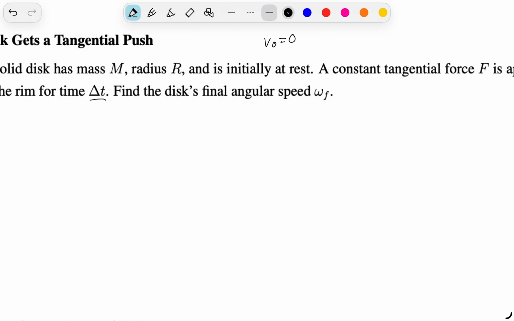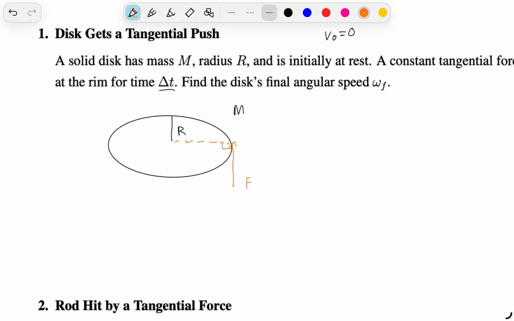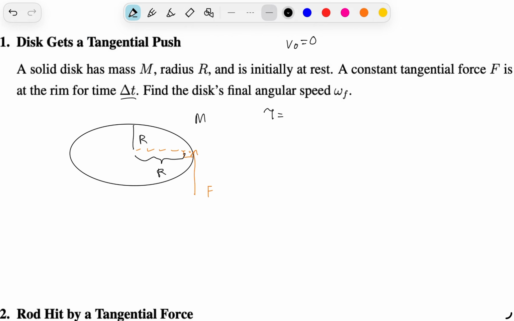If we have our solid disk with mass m and radius r, at rest, a force is applied at the rim. That is our force applied, and it is perpendicular, so this is going to be our lever arm r. We can find the torque exerted by this force.